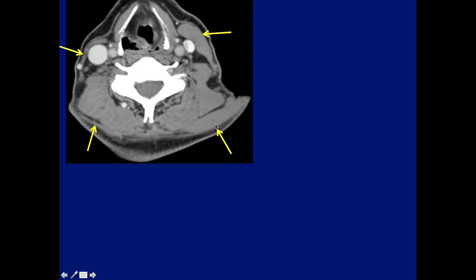Trapezius, normal trapezius, and the atrophic right trapezius. And this, what is this here? What is this large structure here?